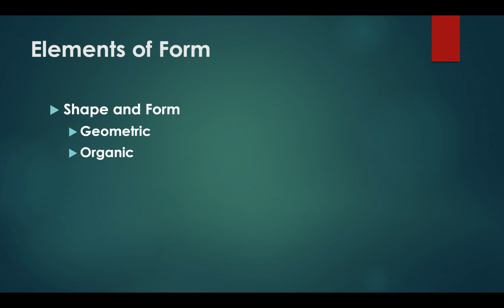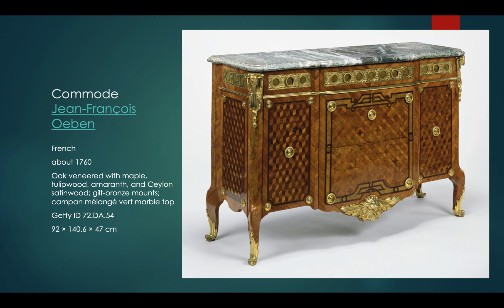Again, for both shape and form, we can have geometric shapes, geometric forms, and organic shapes or organic forms. What I mean by that is geometric shapes are things like you see repeated here in this commode, where we have the squares that look a bit like cubes being repeated. We have the circles being repeated.